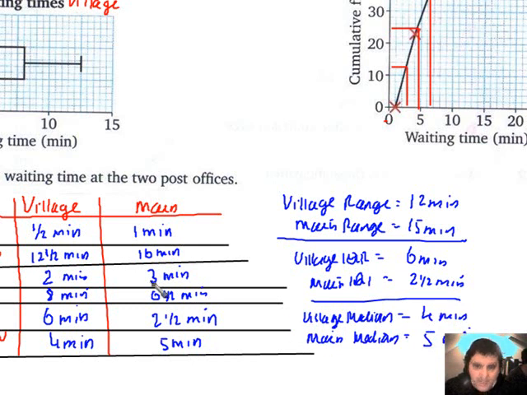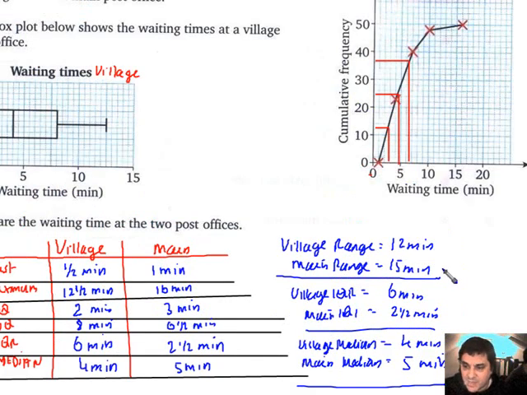Now I've got to go and compare the waiting times of these two. Okay, I'll do that just by speaking it. Let's look at the range. In terms of the range of waiting times, the spread of waiting times, there is a greater variety, a greater spread of waiting times in the main post office compared to the village.